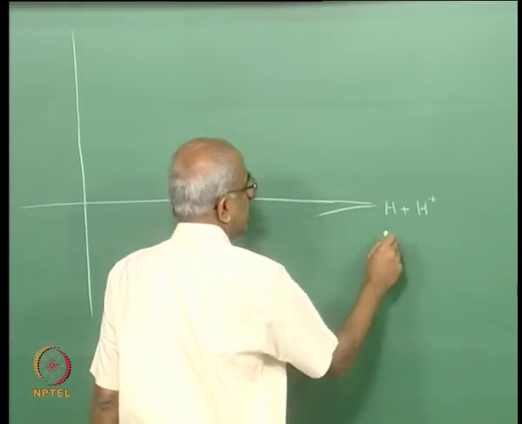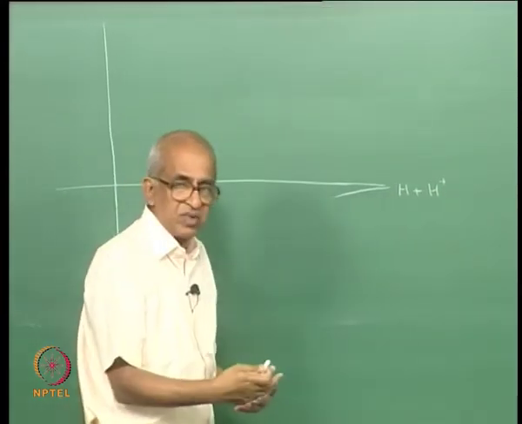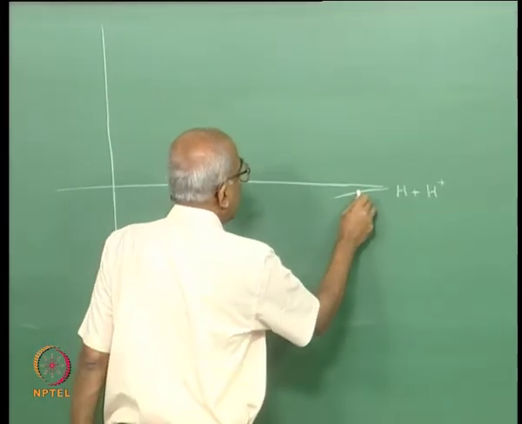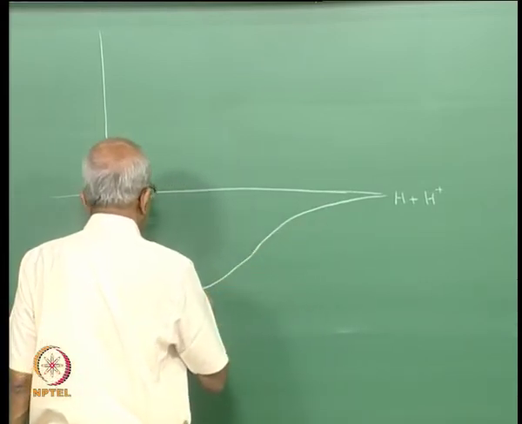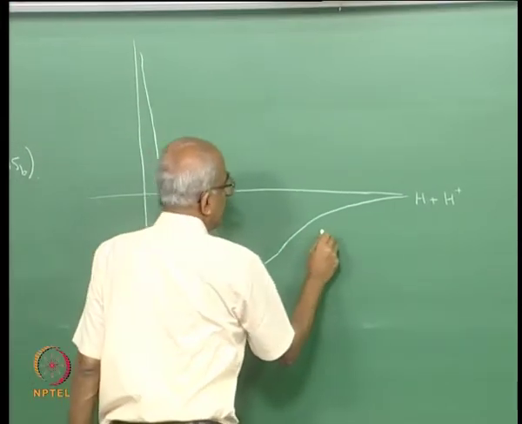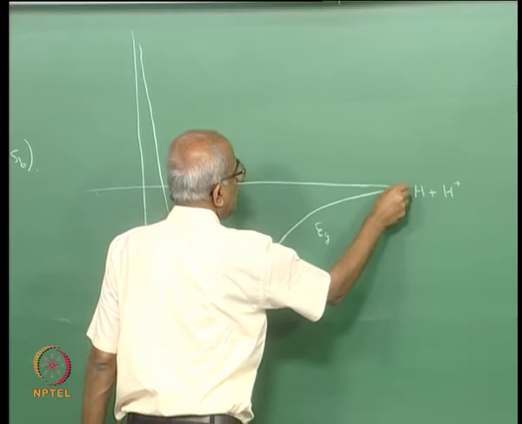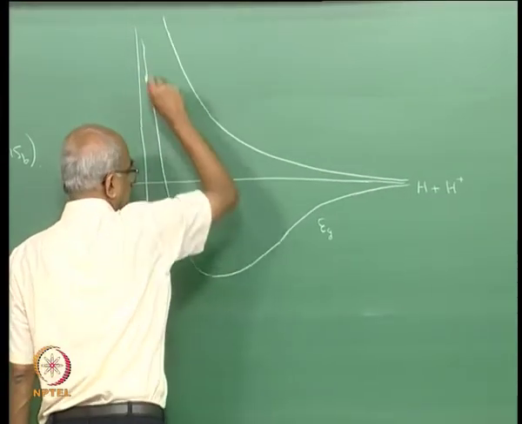In atomic units it is equal to minus half, but for convenience we took that to be equal to 0. And then the energy will decrease, reach a minimum and go on to increase. This is a plot of epsilon g, while if you plotted epsilon u, you will find that the energy simply goes on increasing.